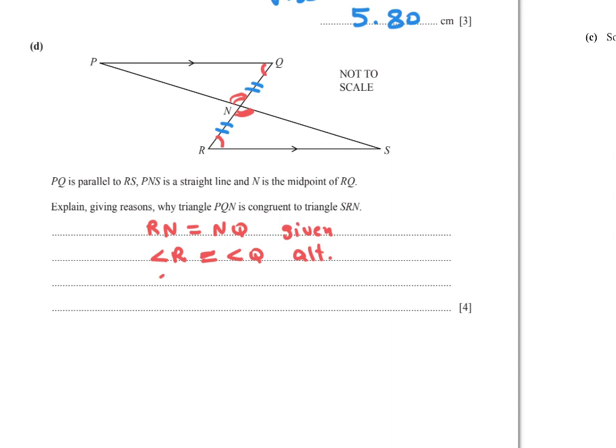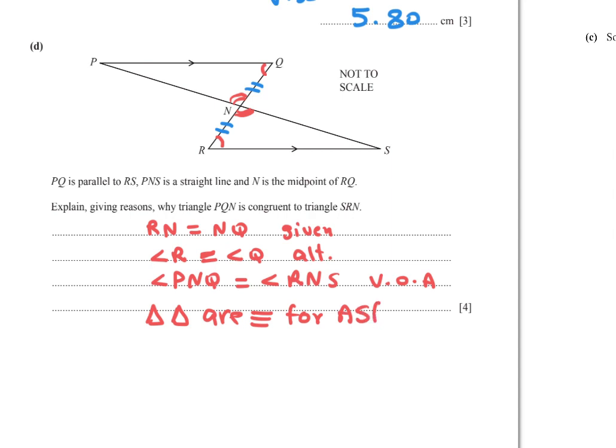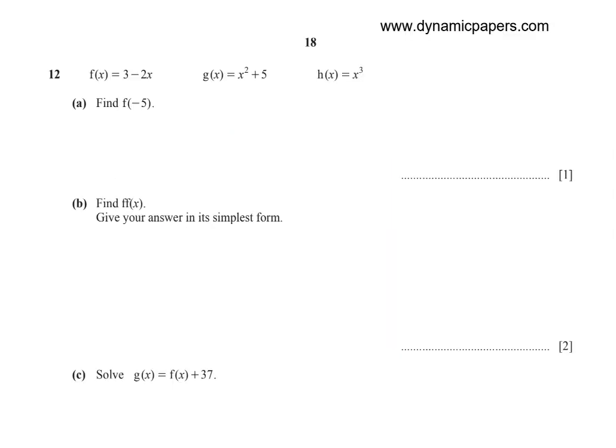Angle BNQ equals angle RNS, vertically opposite angles. So the two triangles are congruent for ASA, angle side angle.